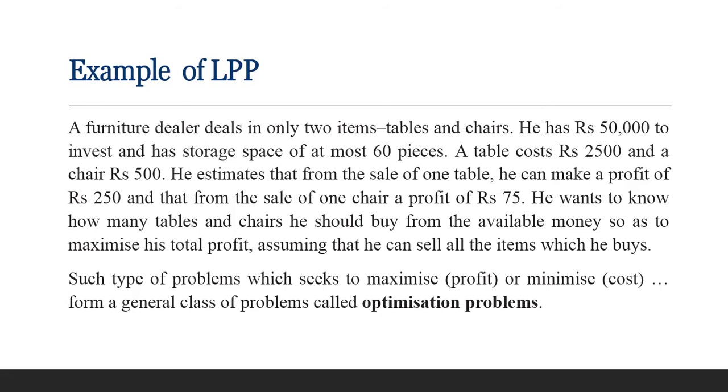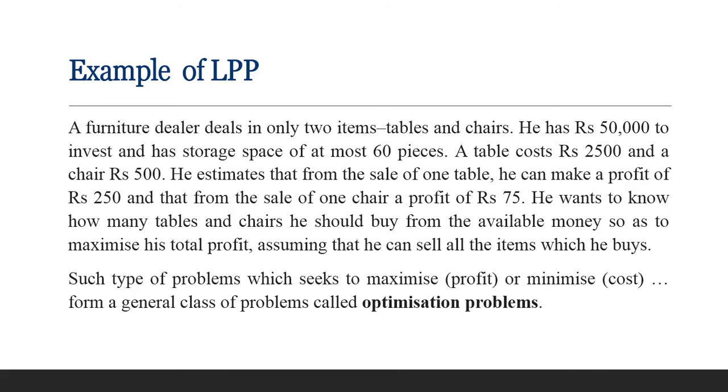A furniture dealer deals in only two items or two products, tables and chairs. He has 50,000 rupees to invest and has storage space of at most 60 pieces. Here they are mentioning two important resources: one is money, another is storage space.